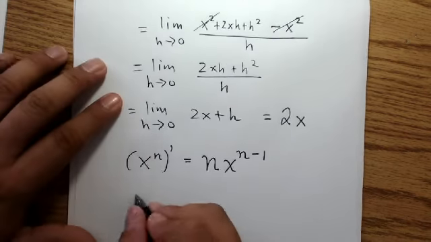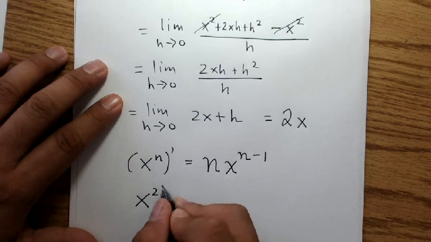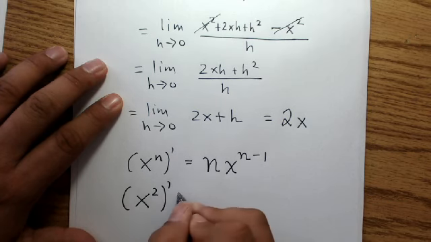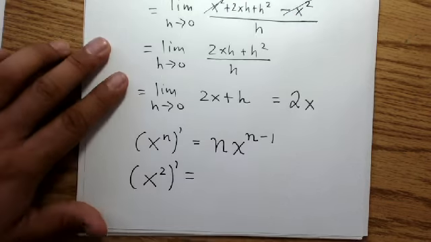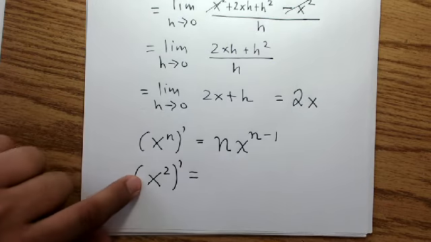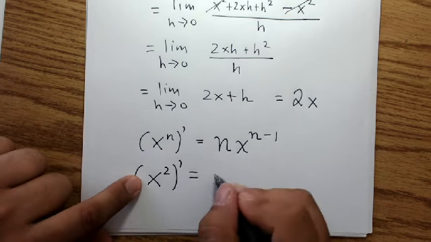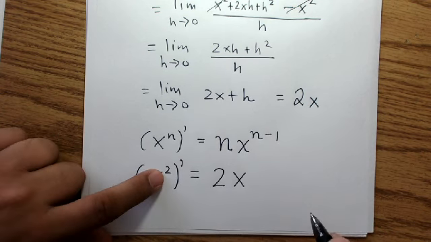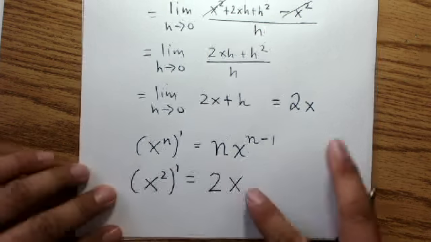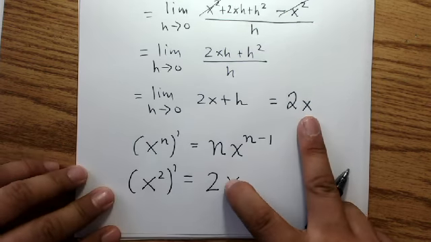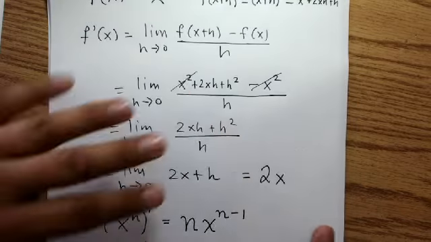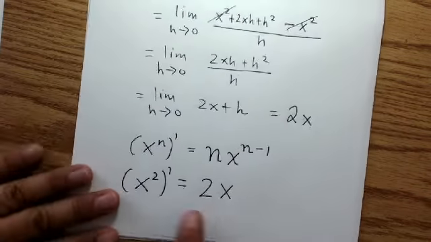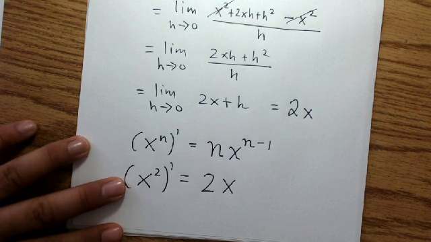So if you're taking the derivative of x squared, we bring the 2 to the front, so that would give us 2. Leave the x alone, and then subtract 1 from the power. What's 2 minus 1? 1. There you go, 2x. All of this work was saved using this little formula.